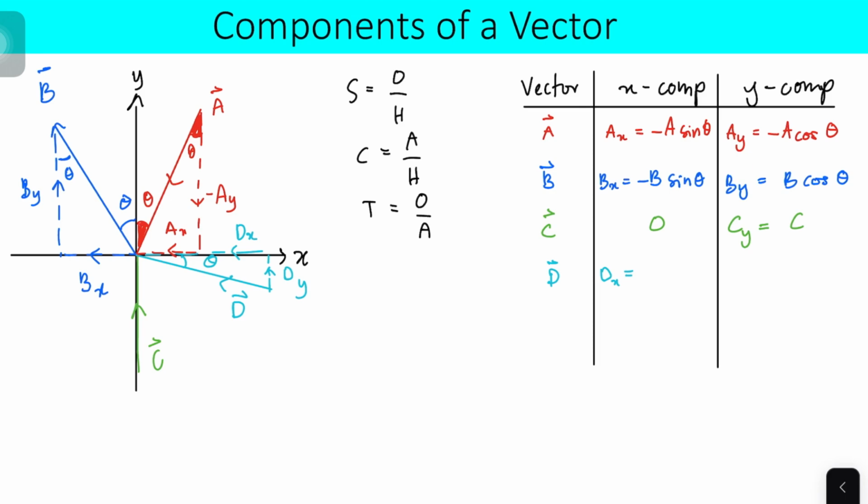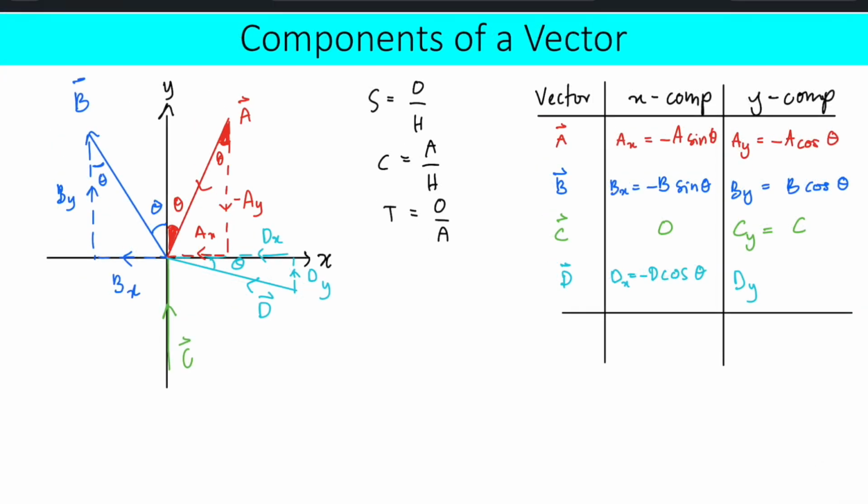Therefore, we are going to use cos theta, and it has a negative sign because it's pointing towards the negative x-axis. For the Dy component, it is pointing to the positive y-axis, as shown here. Therefore, it has a positive sign. So it's D sine theta.